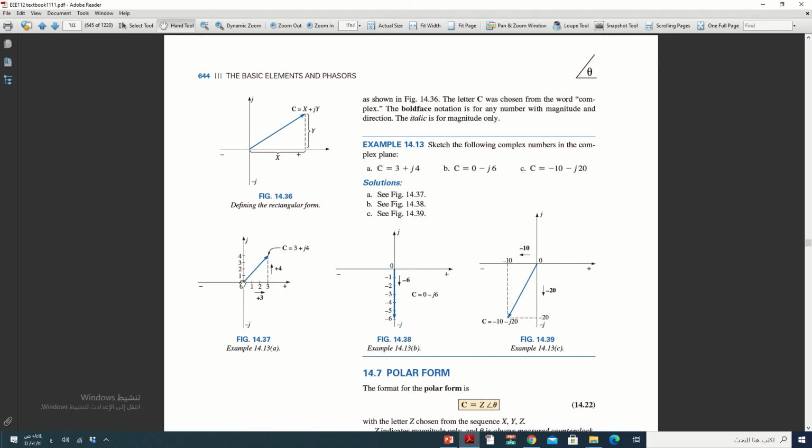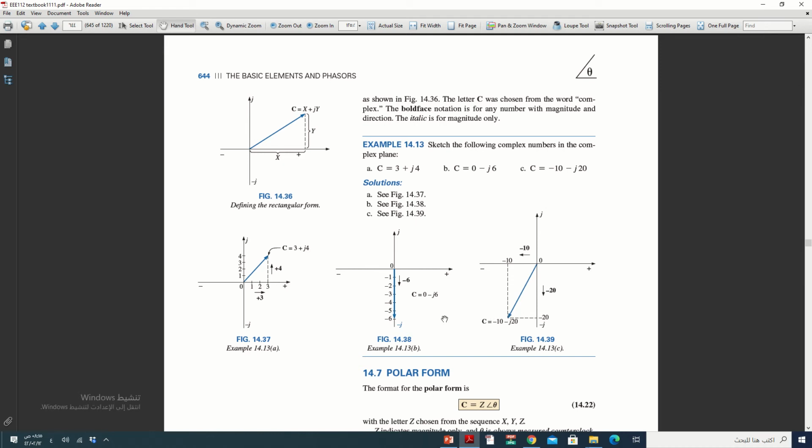Draw from the 0 until you reach the end point of this vector. Similar here, minus j6 directly without a real number. Here minus 10 on the real axis, and then go minus 20 on the imaginary axis.